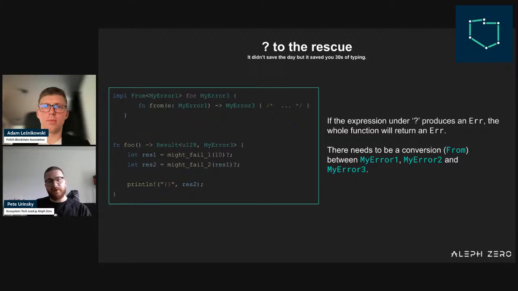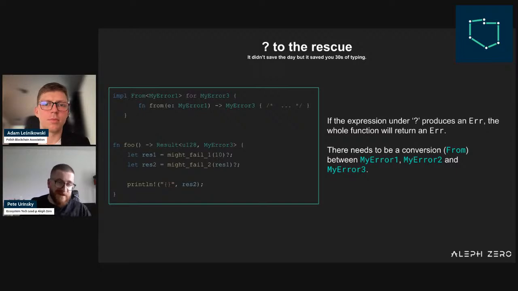So you might actually know this pattern from other languages, but we are saying more or less something like this. Okay, let's write this computation pretending that the methods don't fail. And if one of them fails at any point, we will basically fail the whole foo outer method. And you might think, okay, but these two methods, might fail one and might fail two, return two completely different error types.